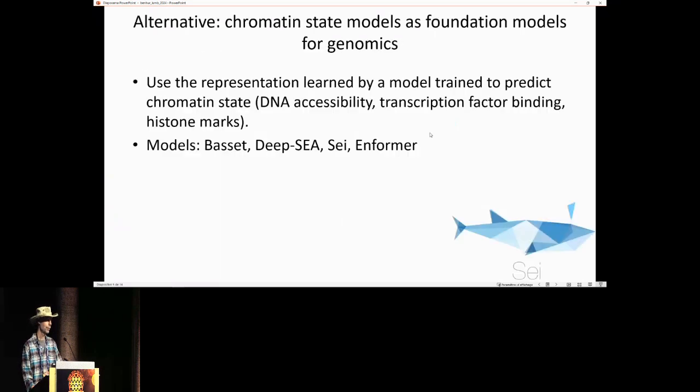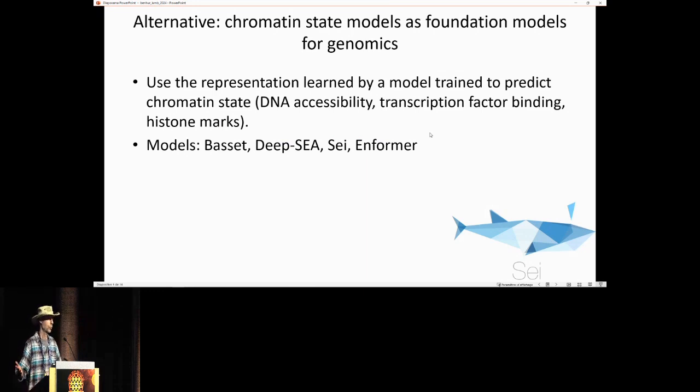We're also going to try something else, and that is to use chromatin state models. By chromatin state models I mean models that map sequence to a whole collection of variables that describe chromatin state, like DNA accessibility, transcription factor binding, histone marks, etc.